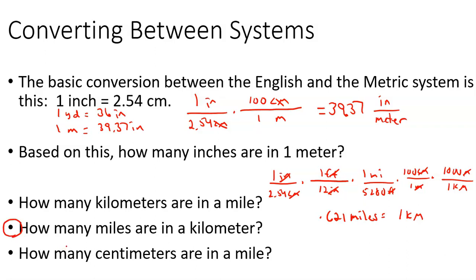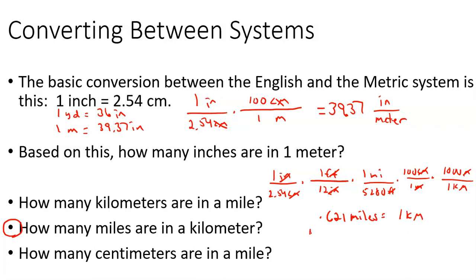But what if I want the answer to the question above it? Flip it over. Do 1 divided by 0.621. So basically, I'm dividing both sides by 0.621. So now take 1, divide it by 0.621. And that gives me the other version.